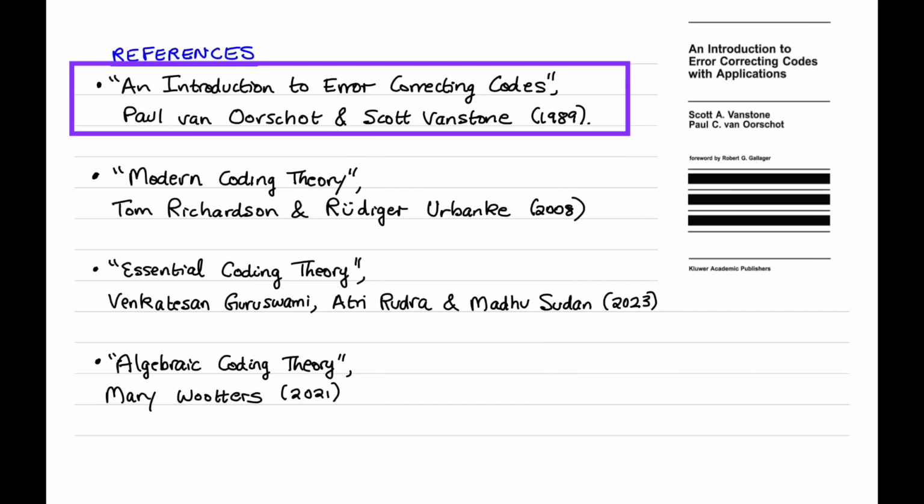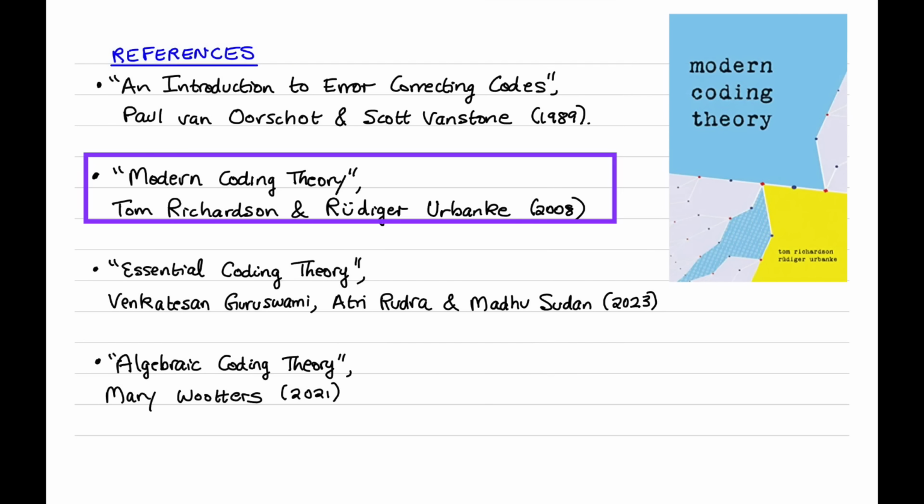The course lectures follow quite closely the 1989 textbook, An Introduction to Error-Correcting Codes by Paul van Oorschot and Scott Vanstone. For more advanced material, I recommend the 2008 textbook, Modern Coding Theory by Richardson and Urbanke.